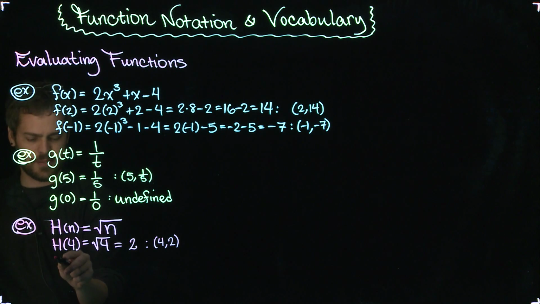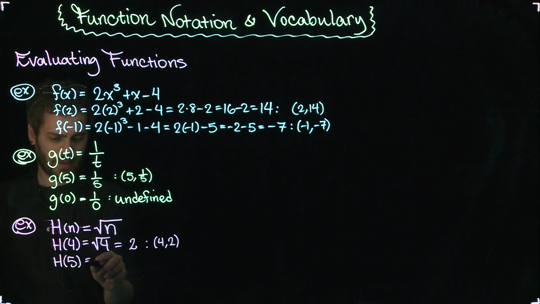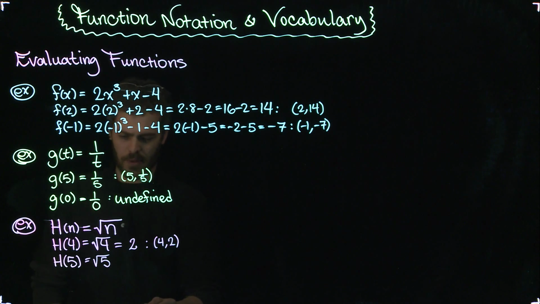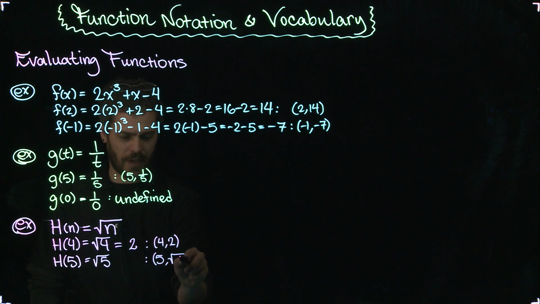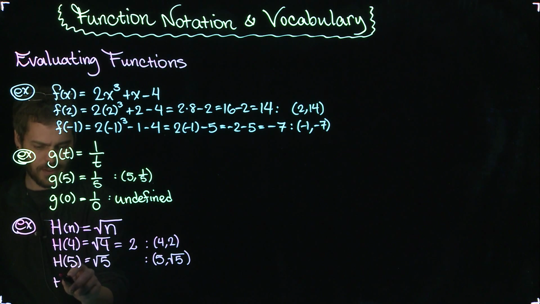How about h of 5, square root of 5? Well, that's an irrational number. It comes out to an approximate value. How about if I just leave it as 5, root 5? The input was 5, the output was root 5.